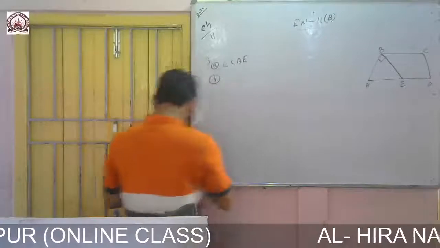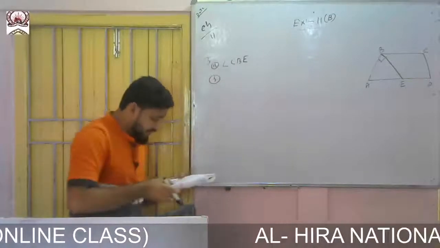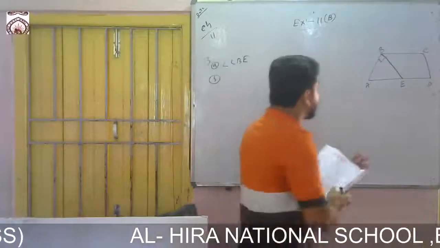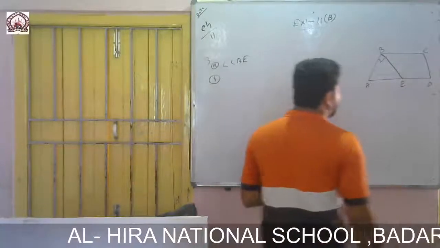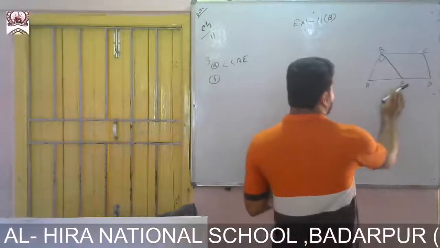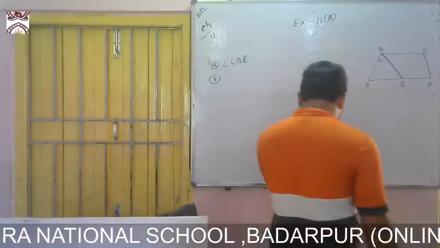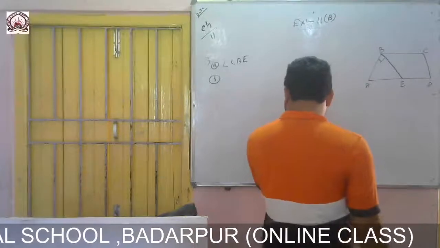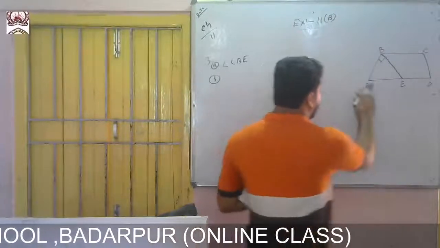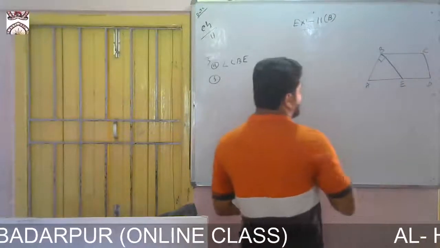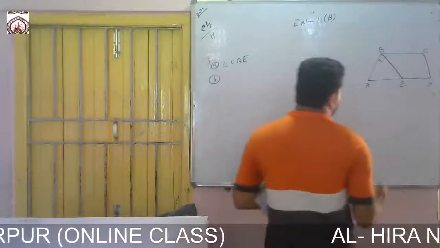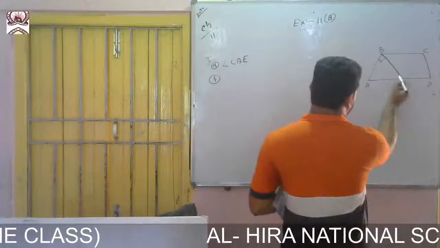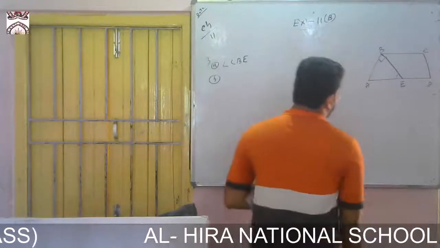Now come to the next part. An acute angle at E. I need to find an acute angle at E. It will be AEB. If I take this angle, this will be less than 90 degree.